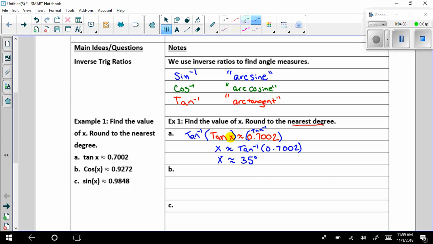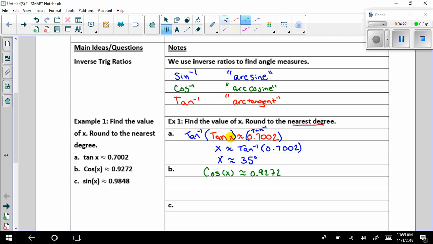So that pattern continues. Anytime we want to get rid of a trig function, we use its inverse. So here we would do the same thing, the cosine of x, and we could put parentheses around this x as well. It means the same thing. We're not going to do anything different. Is approximately 0.9272.